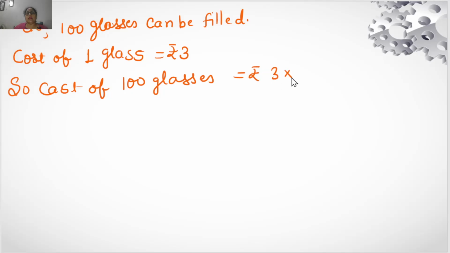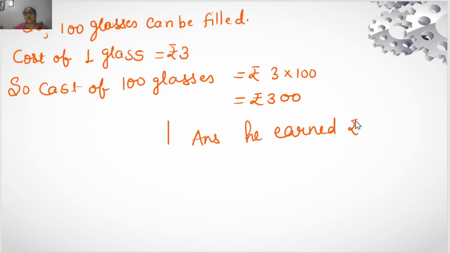Rupees 3 multiplied by 100, you will get rupees 300. So the answer will be, he earned rupees 300.